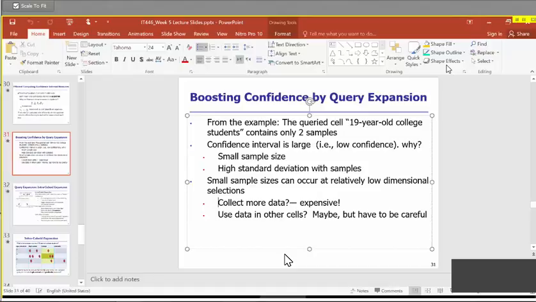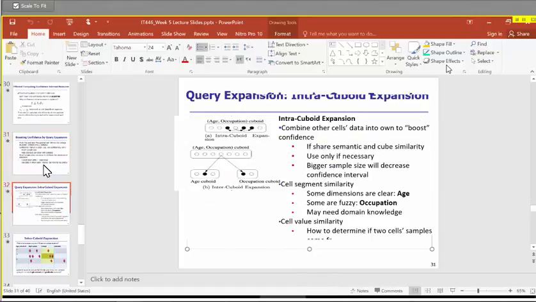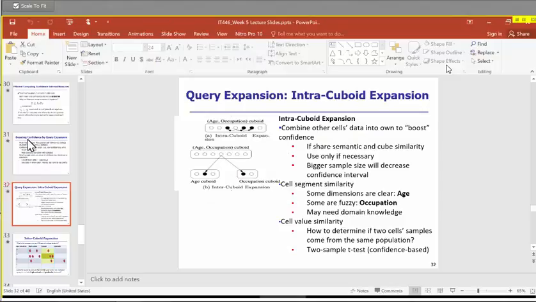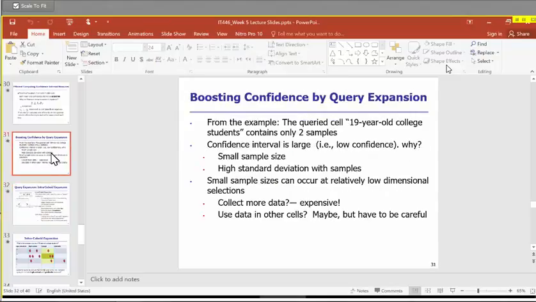For example, maybe you have collected the data of students 4 years ago, and now those students are no more in the college or university, so it's not possible for you to recollect the data. Another thing is that you use the data in other cells, but we have to be careful with that. So we will follow the other method, that we will use the data in another cell.